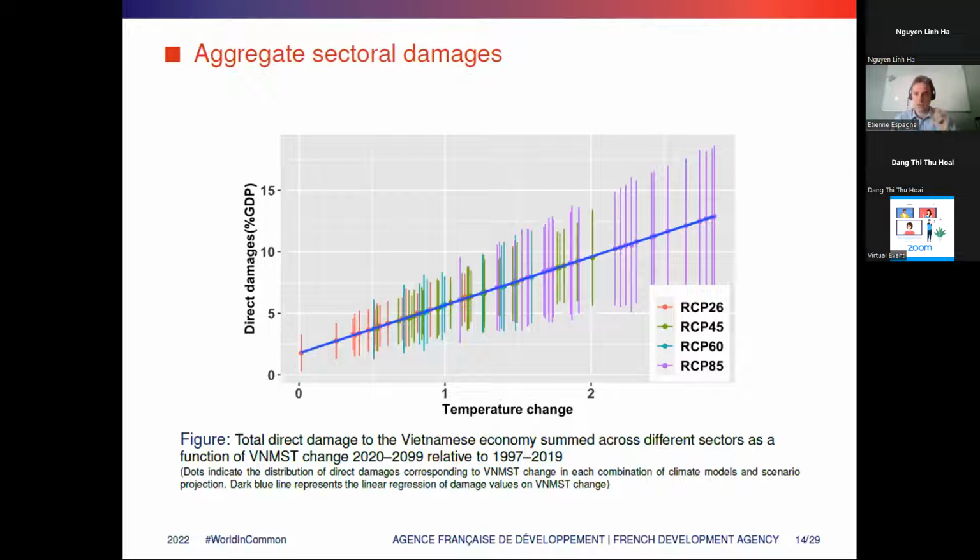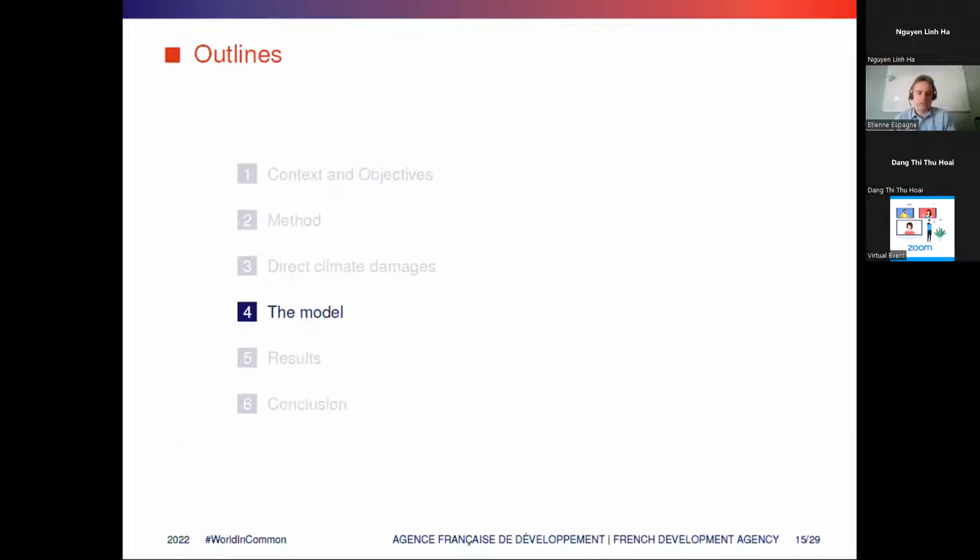So it's not the 1 degree global average temperature, and be careful. And that leads to an additional damage of a bit more than 5% on average, with an uncertainty range going from 3% to 9%. So that's the kind of direct damages that you can represent using these sectoral damage functions.